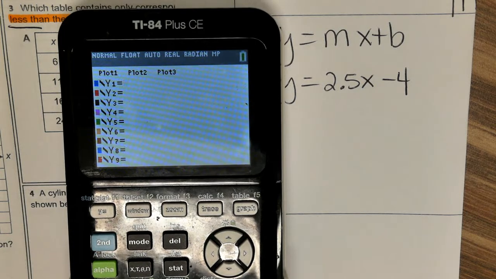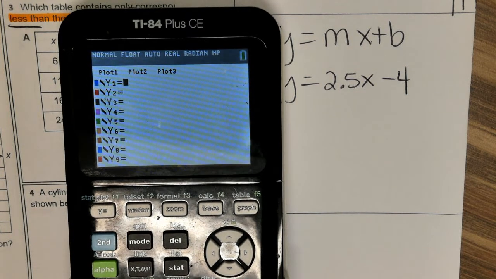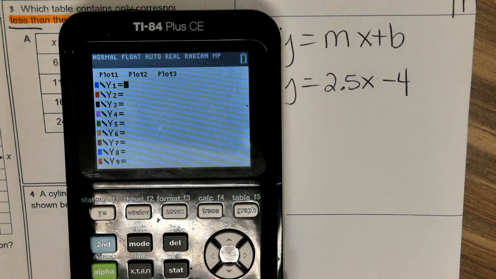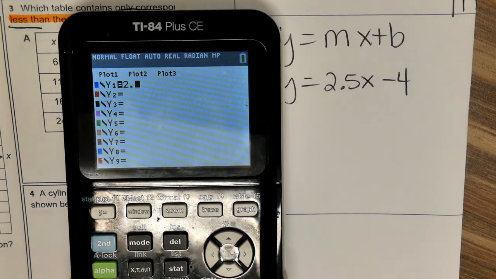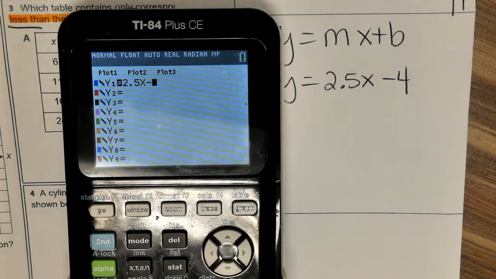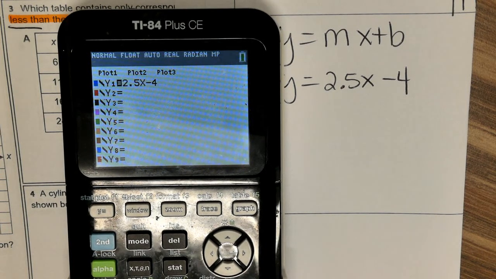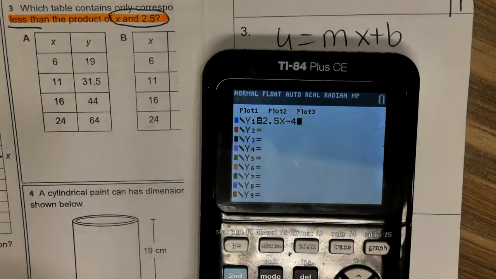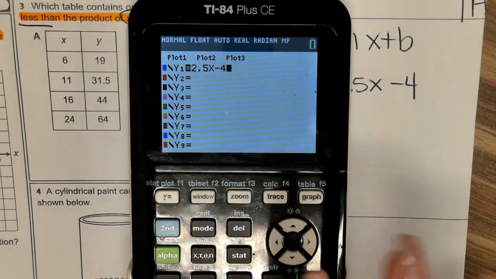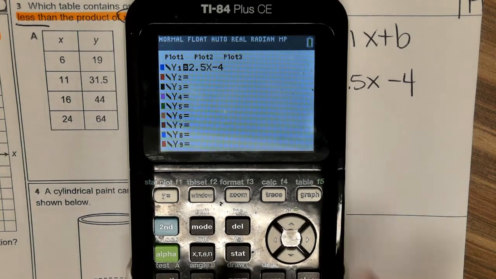So everybody should be doing it with me right now, and I don't see all calculators even open. So we're going to type in 2.5x minus 4. And since these are tables, I'm going to go look at the table by hitting second table.